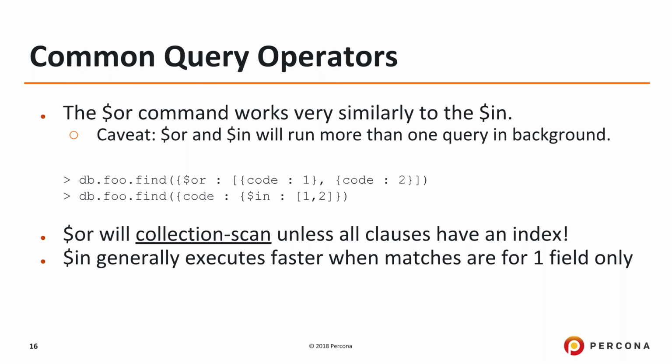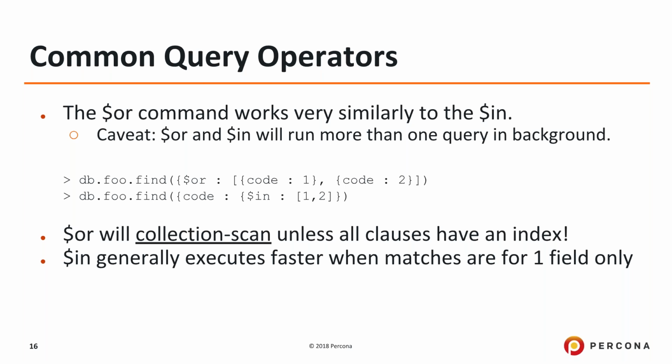if there wasn't an index on that. So actually, this is a bad example, but the $or will do a collection scan, so scan every document in the collection, if every condition doesn't have an index. In this case, both of the fields are code, so that might not be a good example.